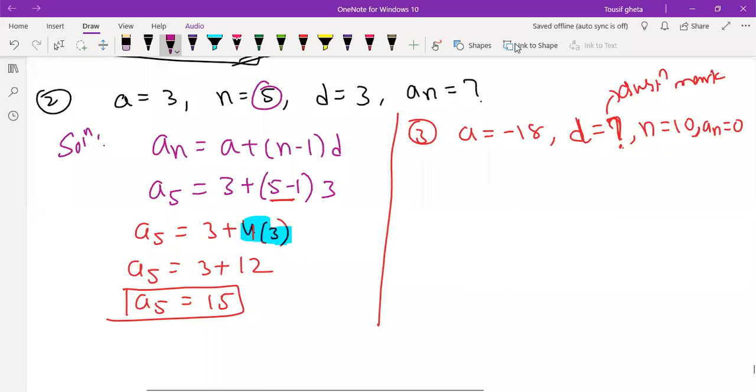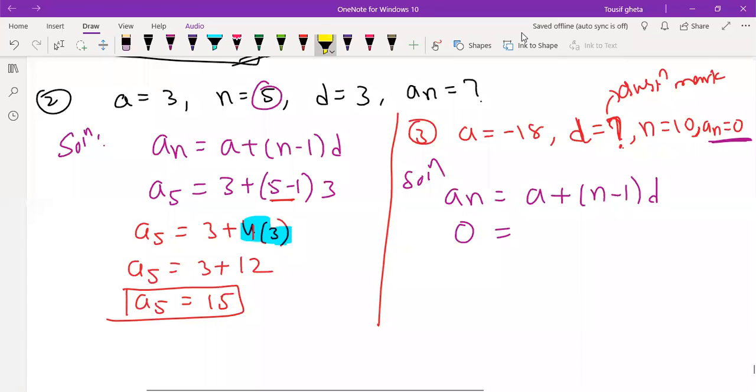An is equal to a plus n minus 1 into d. Standard formula of the nth term. An they gave 0. a value they gave minus 18. n they gave 10. d we need to find.